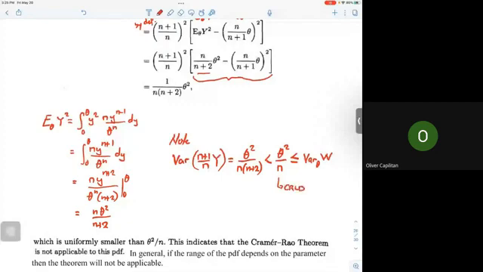That's what we got based on our theorem and corollary. And now we have another unbiased estimator of our parameter theta, but the variance of this is lesser than the Cramer-Rao lower bound. Supposedly, the Cramer-Rao lower bound should be the smallest.